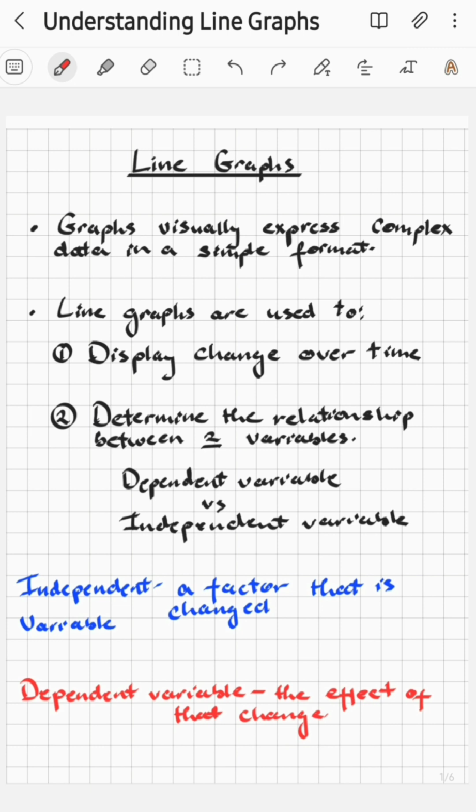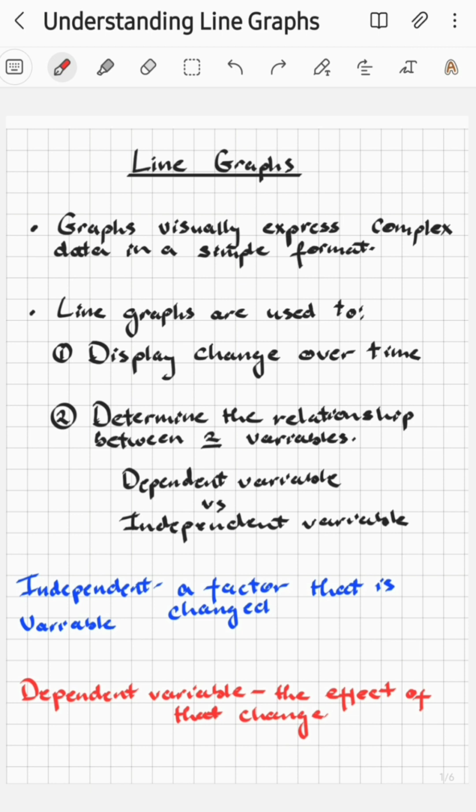The second reason we may use a line graph is to determine the relationship between two variables. So these variables are often referred to as our dependent variable and our independent variable. Now, the independent variable is that factor that is changed.